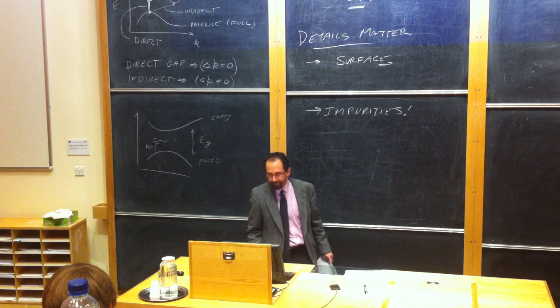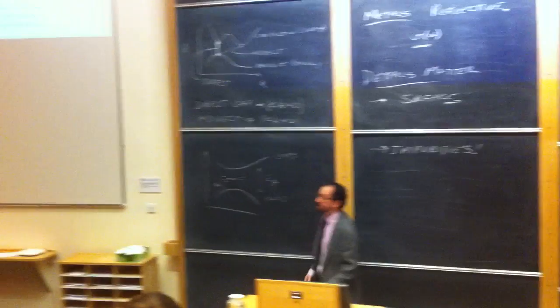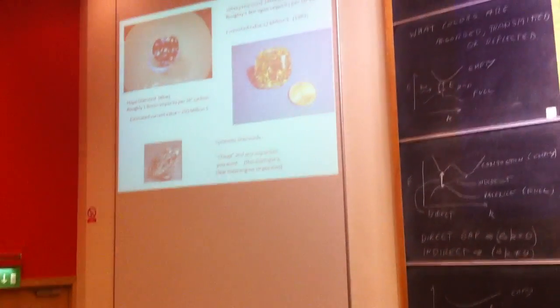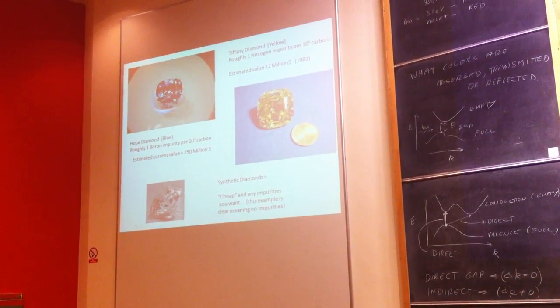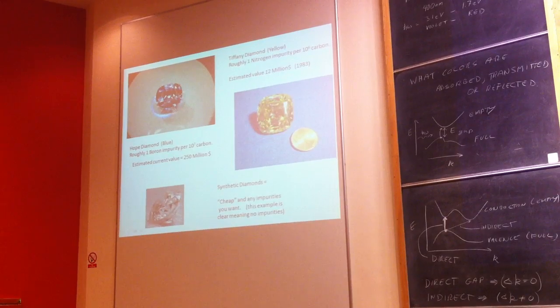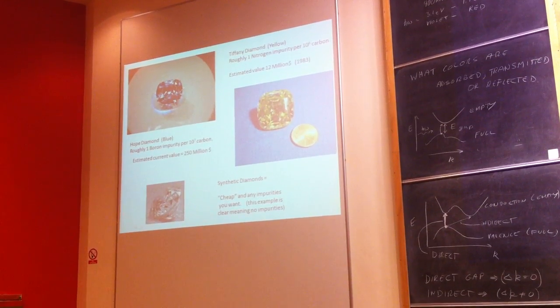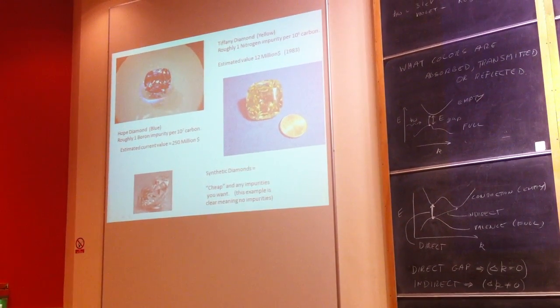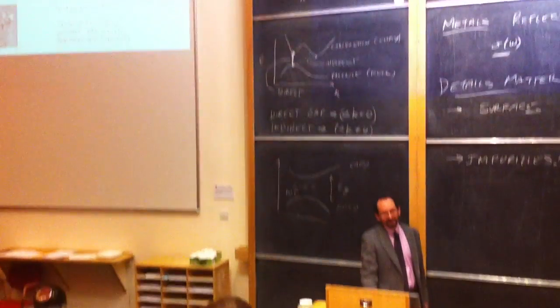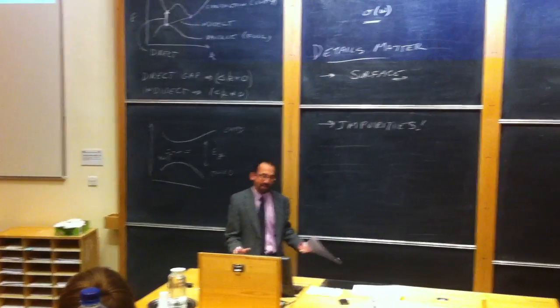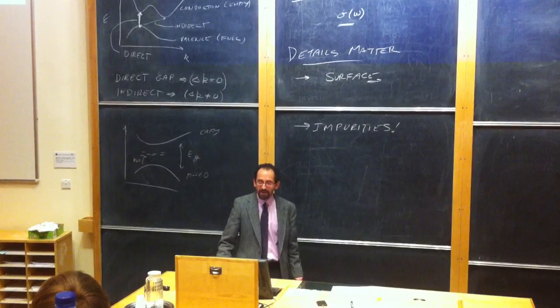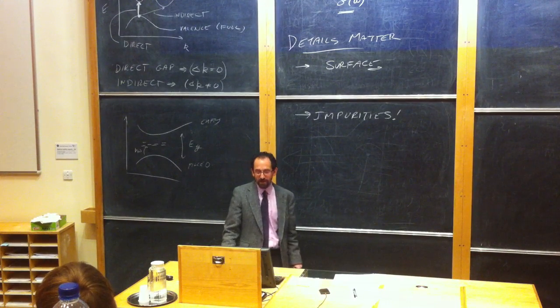Now, if I can back up here, a classic example of this is impurities in diamond. So if you add only one boron impurity per 10 million carbon atoms, you give the diamond a rather nice blue color and gargantuan insane value for being beautiful and blue.